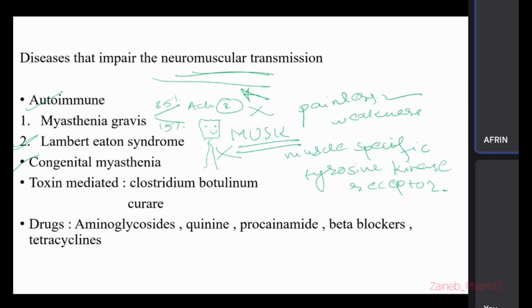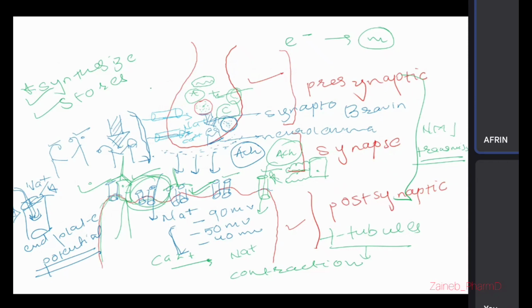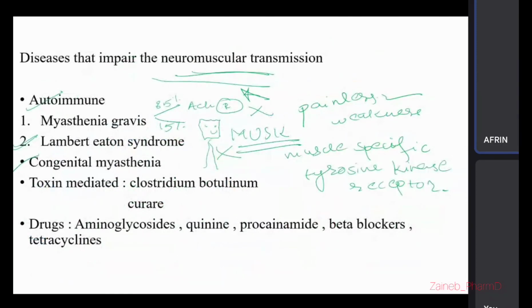The antibodies are formed against the presynaptic component, which is the calcium channels. So there is no influx of calcium, and it leads to the impairment of the neuromuscular transmission. Then we will see about congenital myasthenia gravis.